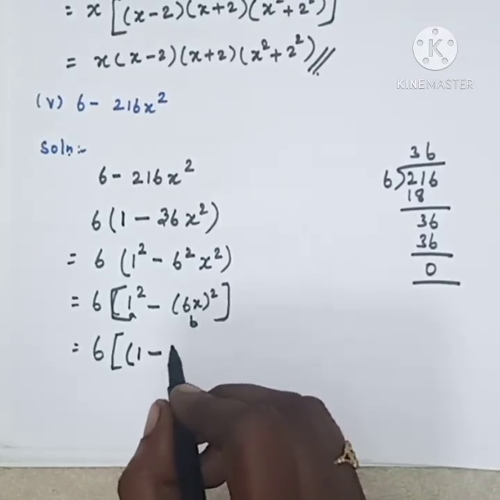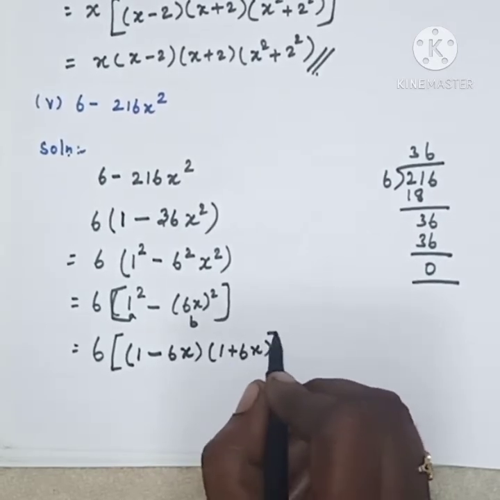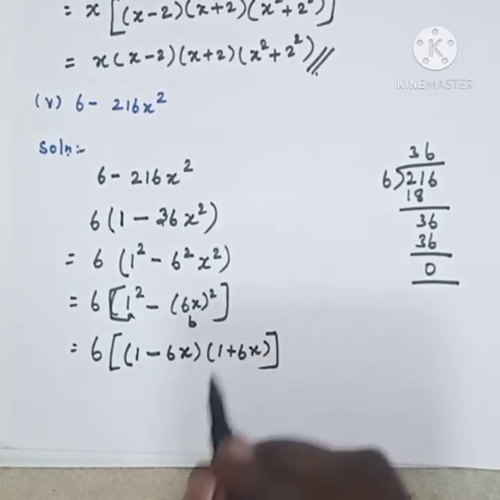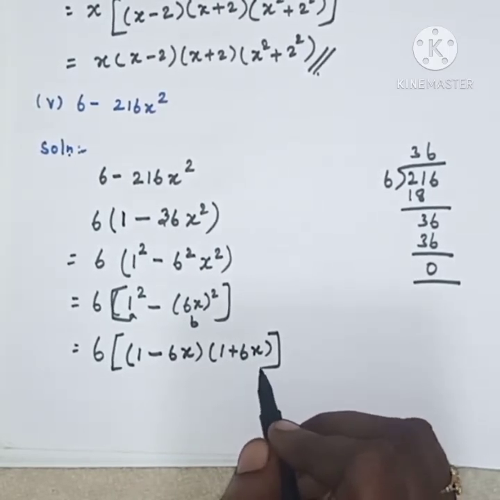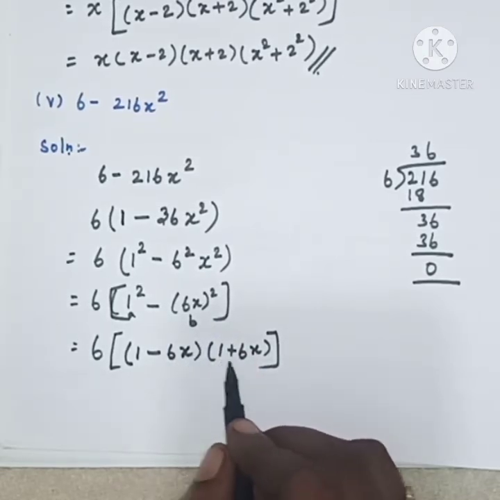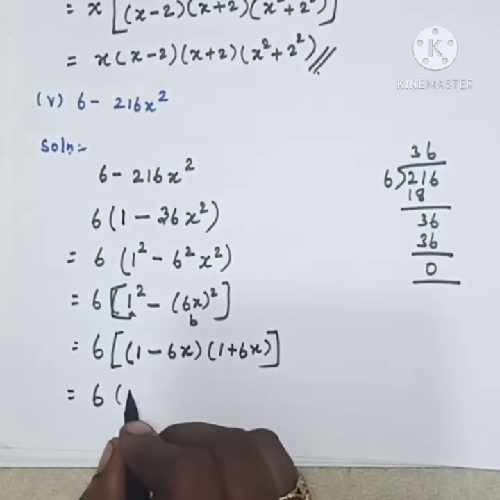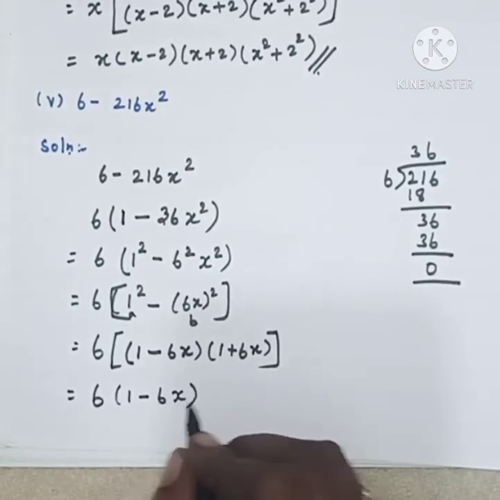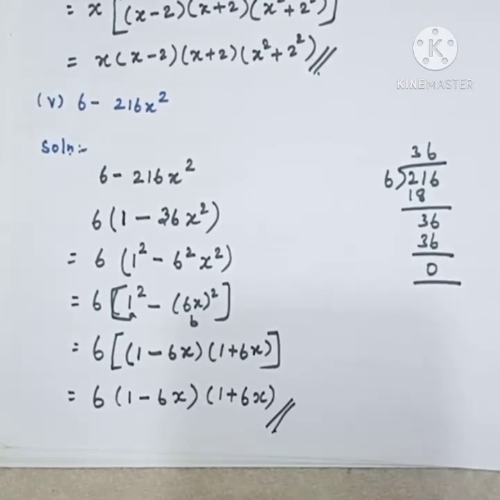So 1 minus 6x into 1 plus 6x, because we have the identity a square minus b square is equal to a minus b into a plus b. So the answer is 6 into 1 minus 6x into 1 plus 6x. This is the answer for the second sum, fifth subdivision.